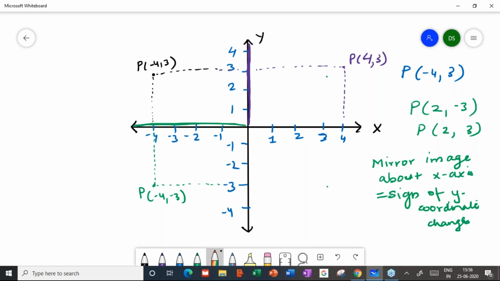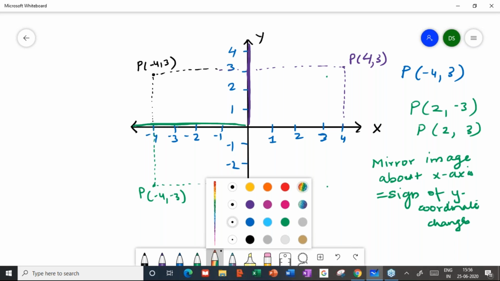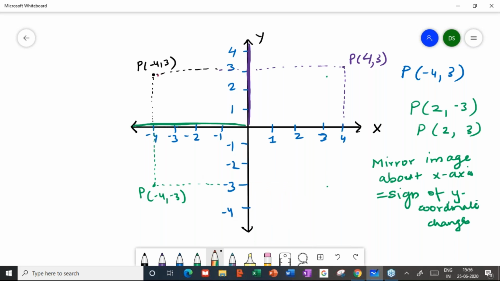So it will be basically a diagonal. We can write it as p, 4 comma minus 3.